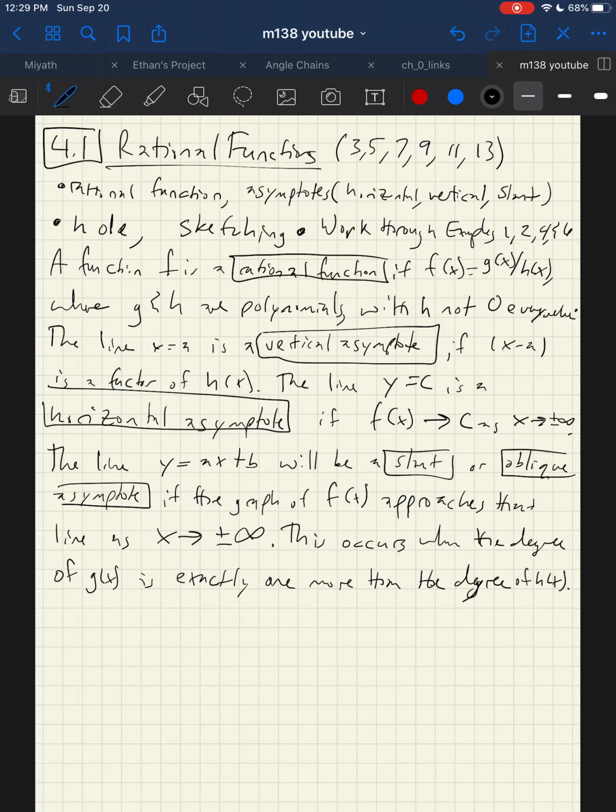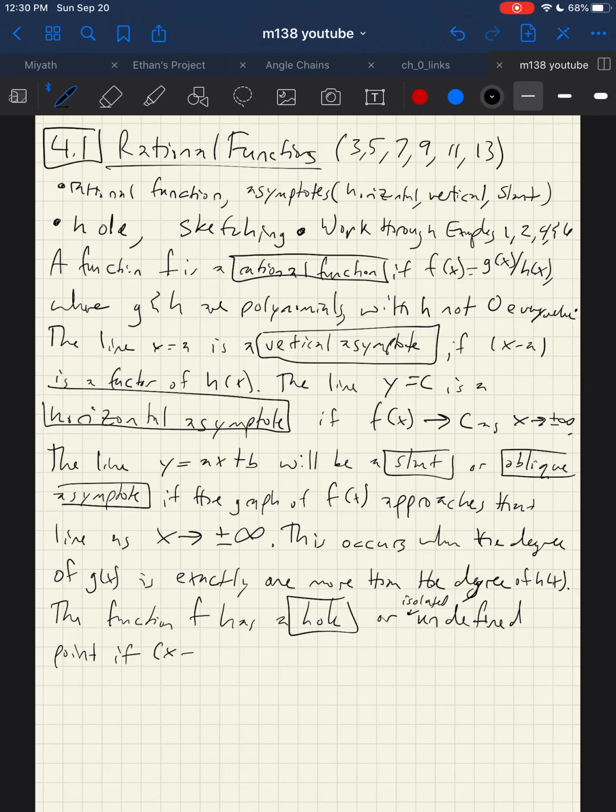Finally, last thing, the function f has a hole, or isolated undefined point, if x minus d is a factor of both g and h.